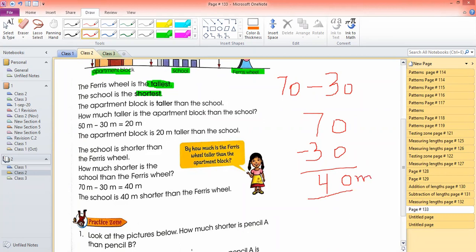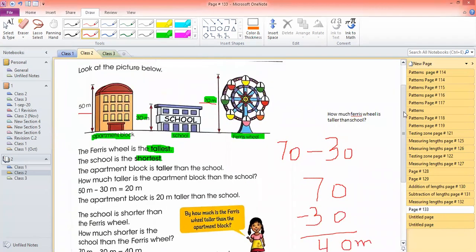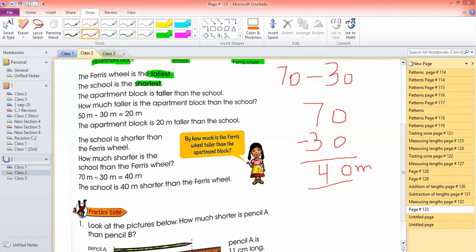So this is 40 meters. So you can say that the Ferris wheel is 40 meters taller than the school.